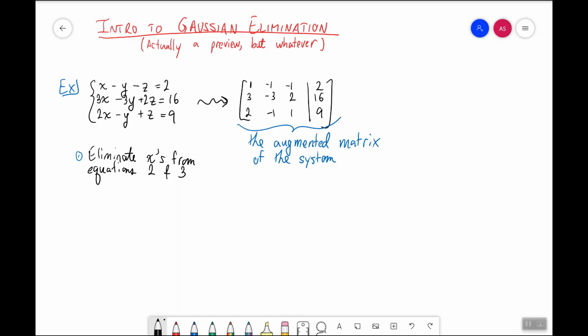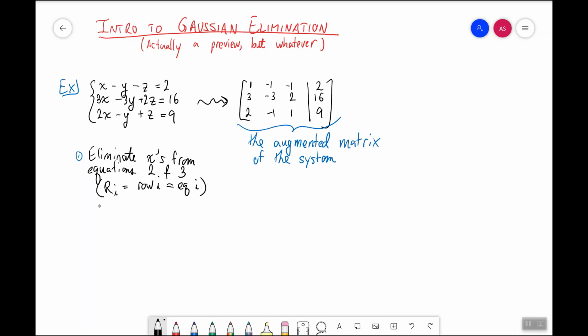Or equivalently, in terms of rows of the matrix, I'm going to eliminate everything in this first column from rows 2 and 3. Now, for some point of notation, I'm going to write R sub i for row i, which I'm also going to write for equation i.